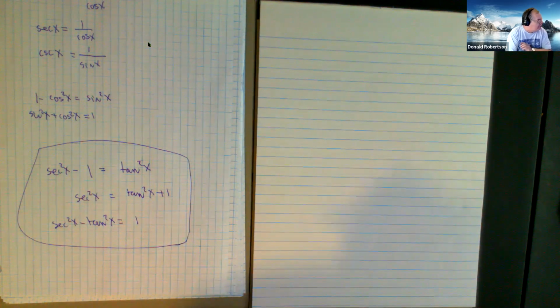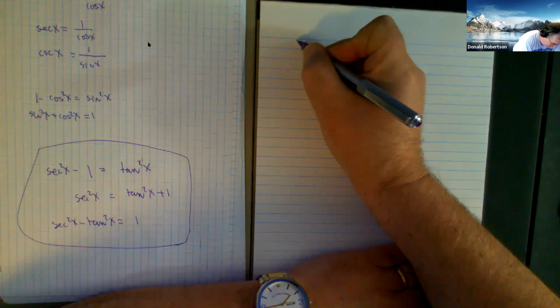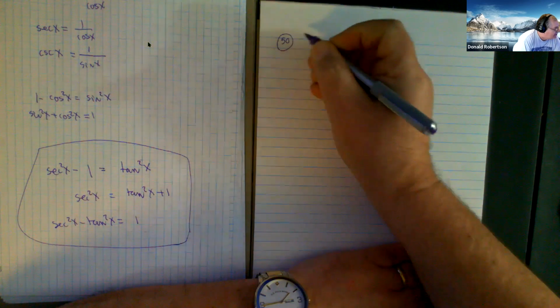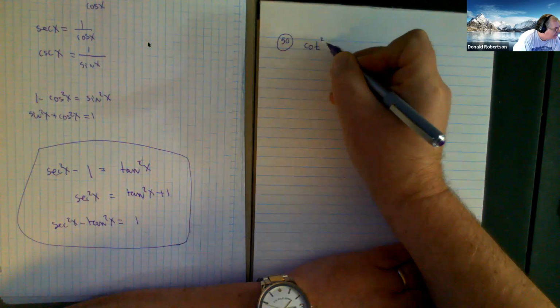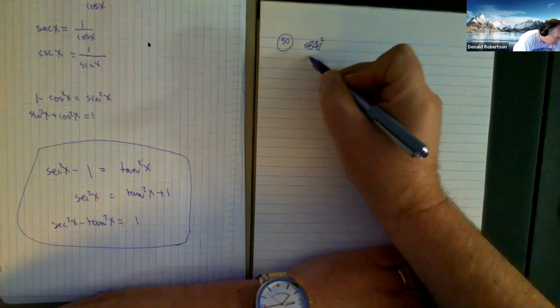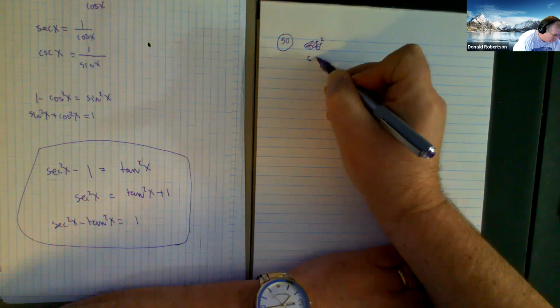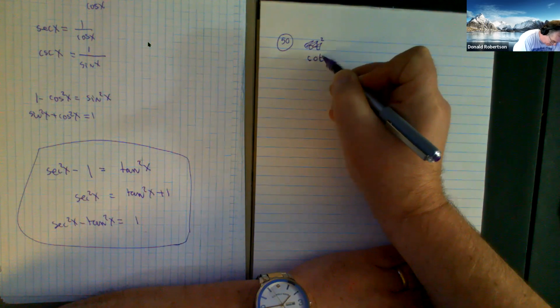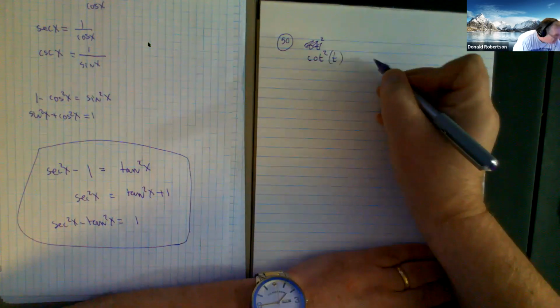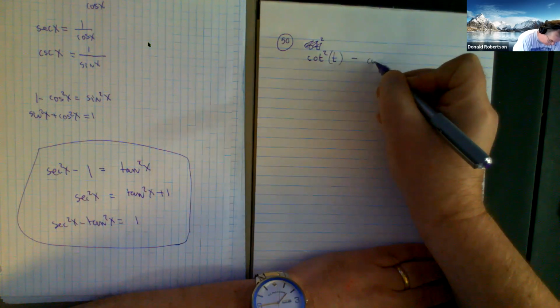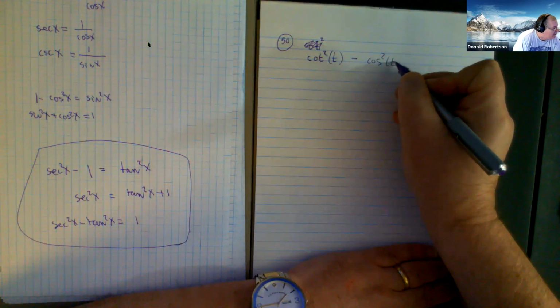Now, there's all sorts of weird stuff floating about here. I'm just trying to pick something. I've no idea where this one's going, so that's why I'm picking it. Cotangent squared. Let's try that again. Oh, that's what my problem is. Cotangent squared of t. That was a bad choice of letting. Take away cosine squared t.